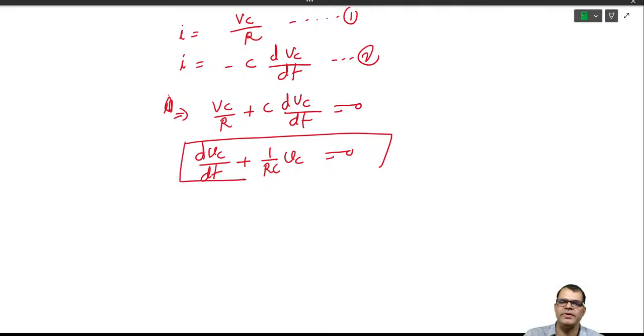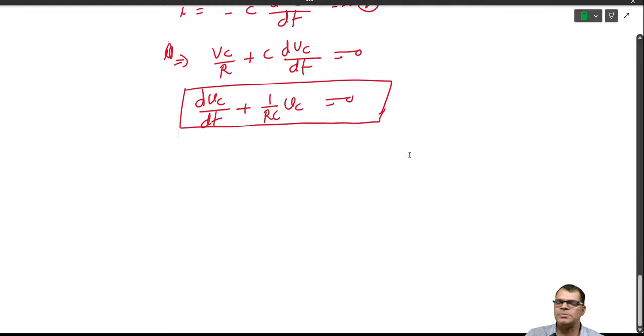Can you identify this equation? This is a first order, linear, constant coefficient differential equation, right?